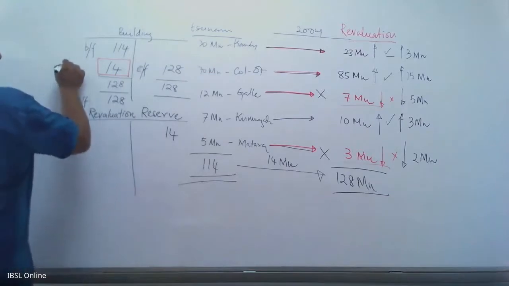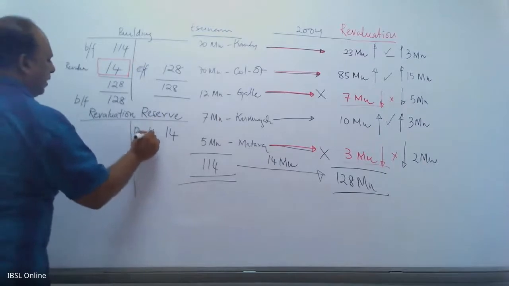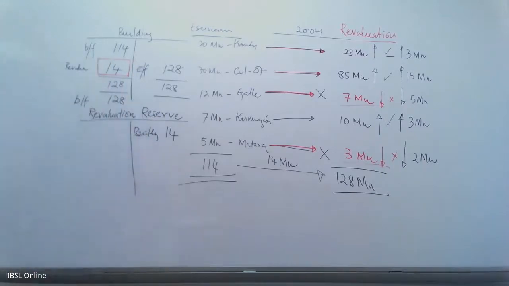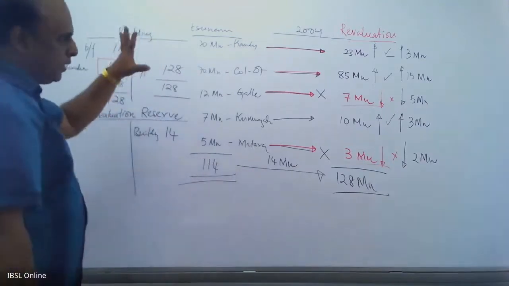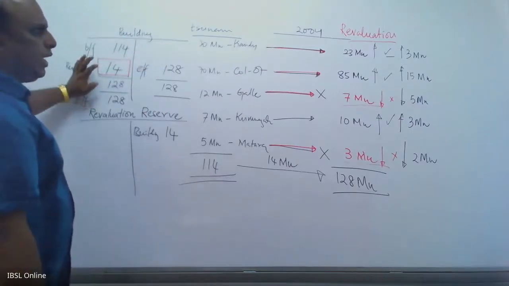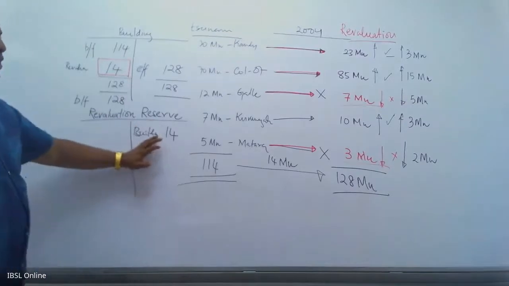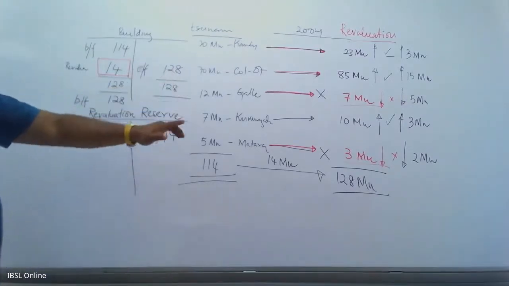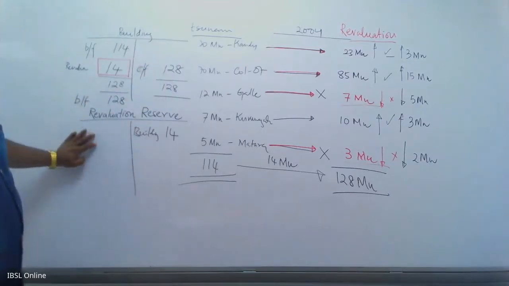So the 14 goes. Okay. Here you say revaluation. Here you will say building. This is how you account for the revaluation. Now here it was an overall gain. But if you split it individually, what will happen? You will have to put 3 gain, 15 million gain, 5 million is a loss. So you will credit 5 million here, debit revaluation reserve 5 million.